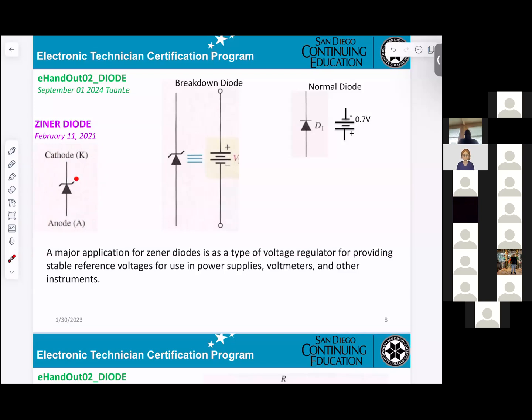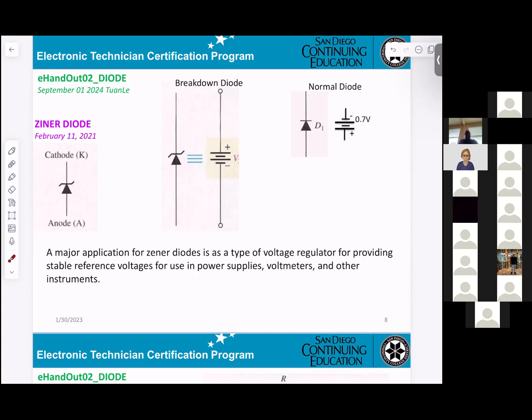Now, they will be working like that one. Major application for the Zener diode is as a type of voltage regulator for providing a stable reference voltage for use in power supplies, voltmeters, and other instruments.